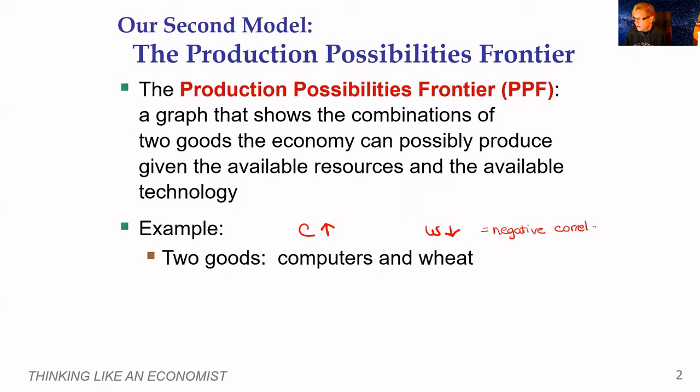Because they're negatively correlated, when we calculate this, the answer will be negative. But we already know that because we're looking at opportunity cost. You'll see the formula later on, and that's when I say we're going to take the absolute value.